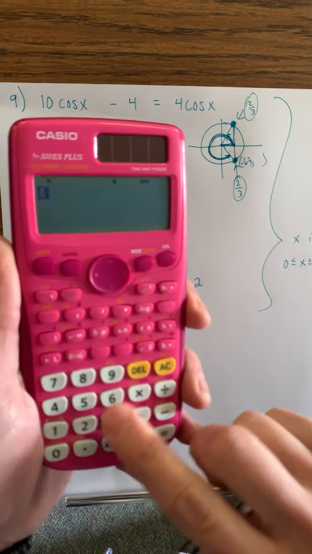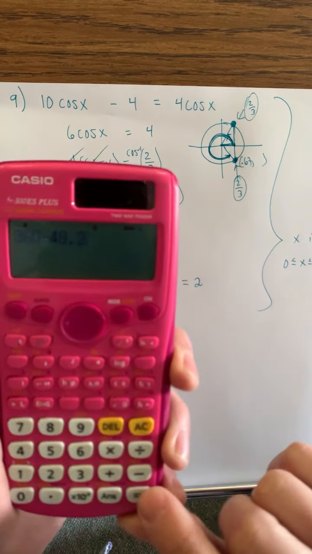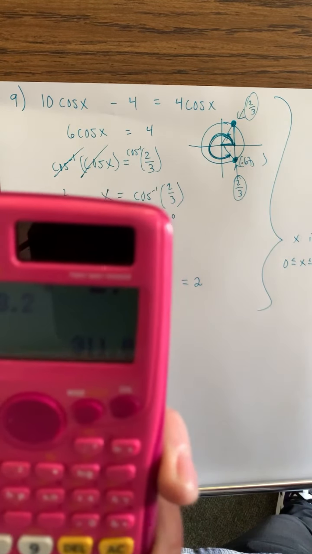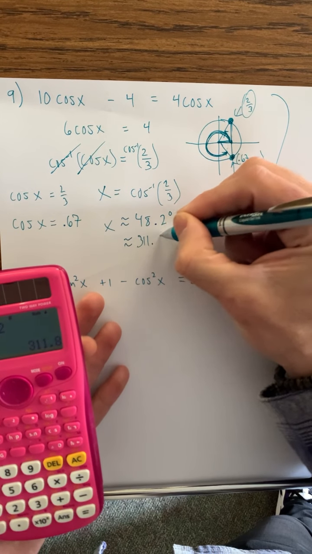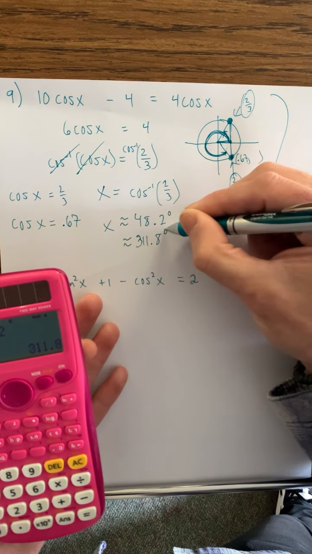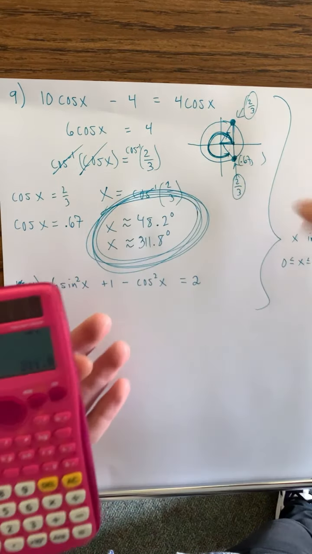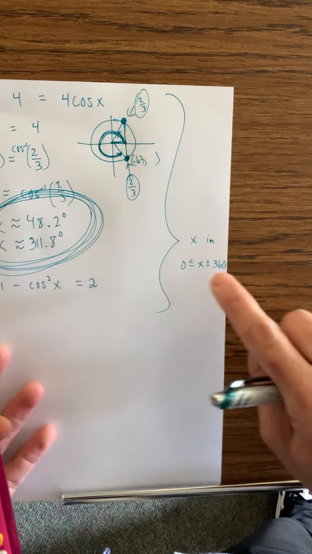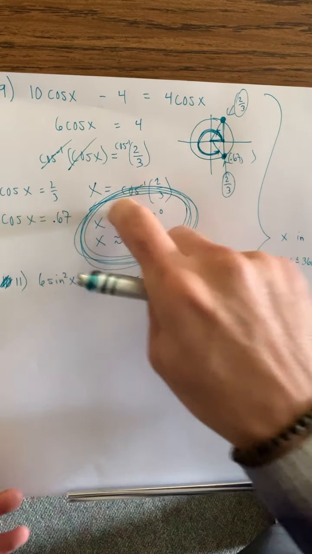So go 360 minus 48.2, and that's about 311.8. And that's how, for a question like this, you get those 2 answers. Both of these angles are between 0 and 360, like the directions want. So that's it for number 9.